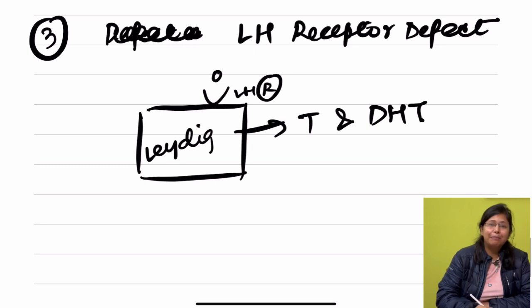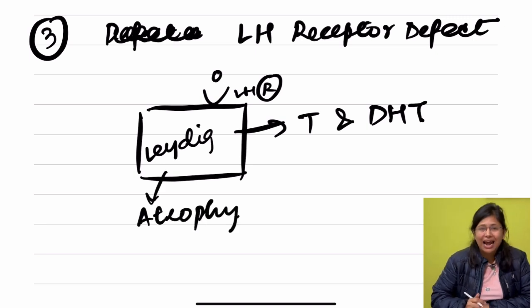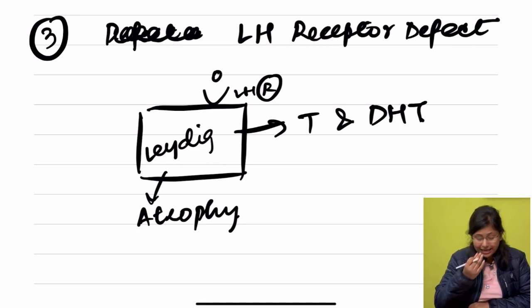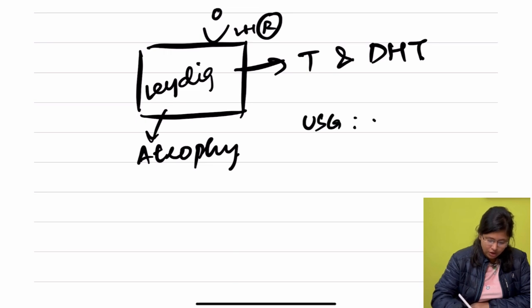But if this receptor is defective, then eventually these Leydig cells will atrophy and there will be no testosterone and dihydrotestosterone. Typically, again, because AMH is functioning, because the Sertoli cells are functioning, there will be no female internal genitalia. So on imaging, on ultrasound, no uterus, no tubes, no vagina, right?